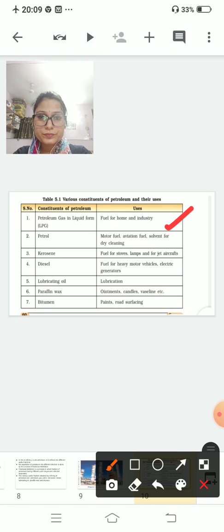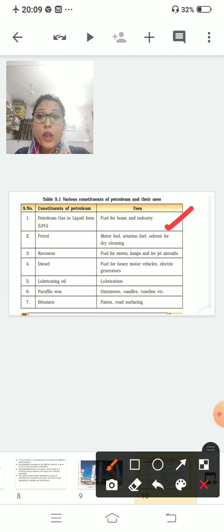Petrol is used as motor fuel, aviation fuel, and solvent for dry cleaning. Kerosene is used as fuel for stoves, lamps and jet aircraft. Diesel is fuel for heavy motor vehicles and electrical generators. Lubricant oil is used for lubrication.